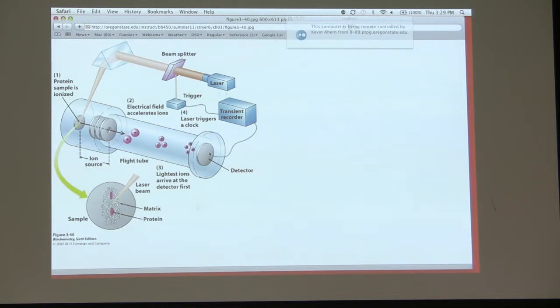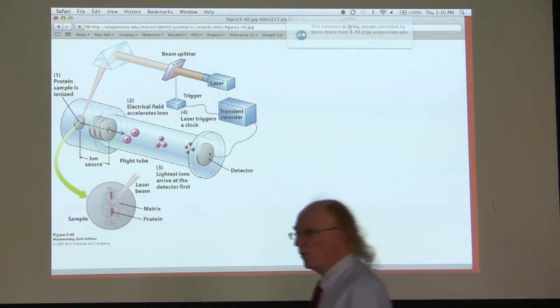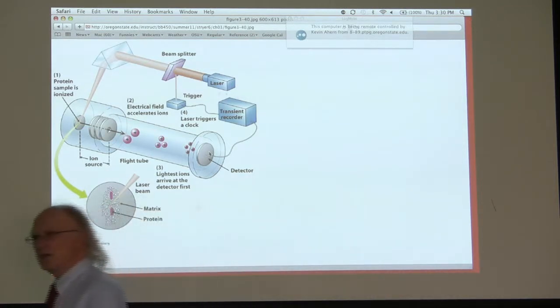Now, using MALDI-TOF, we can determine the molecular mass of things put into it to within hundredths of a molecular weight for masses up to a few thousand. For example, 1,132.31 grams per mole. Okay? That's really precise.